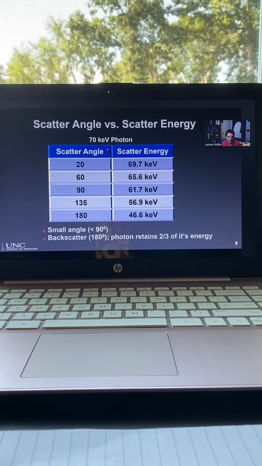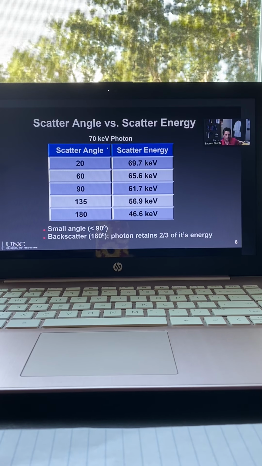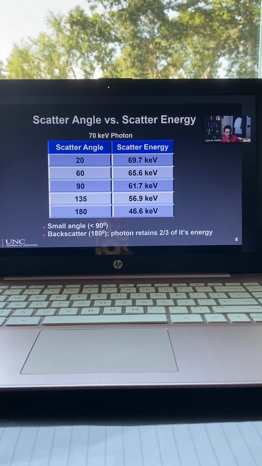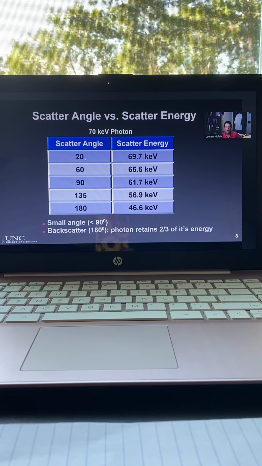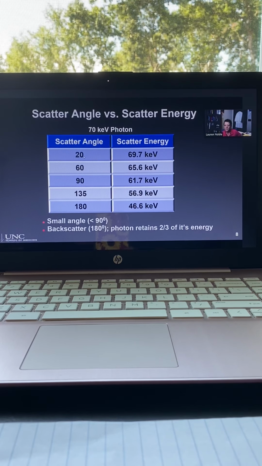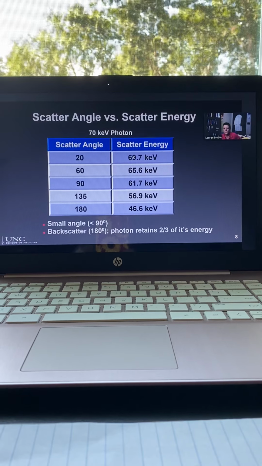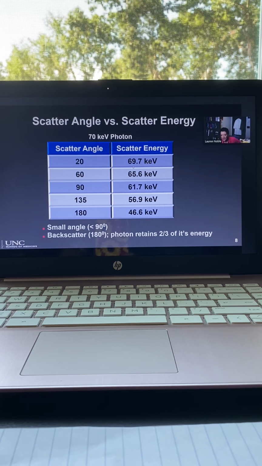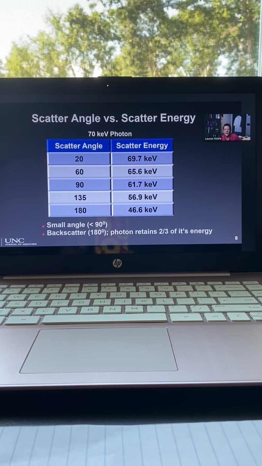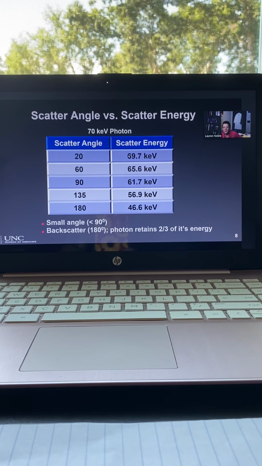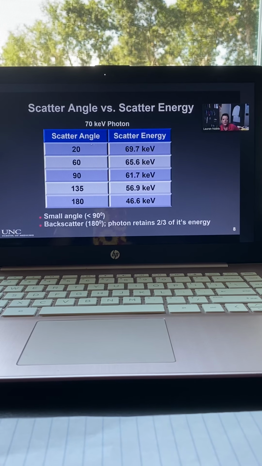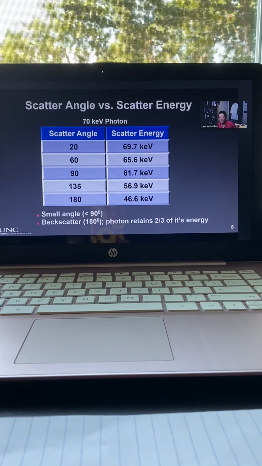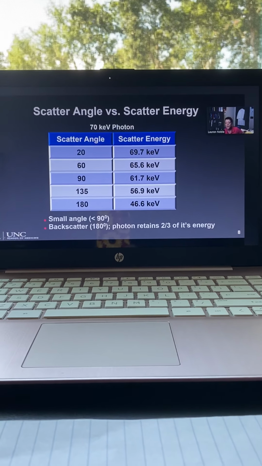Let's pretend that the 70 keV photon only has a scatter angle of about 20 degrees. It has a small angle scatter. Look how much energy it retains. If it's only scattered 20 degrees, it's going to retain the bulk of its energy, and there's a good chance it's going to make it right to the image receptor.